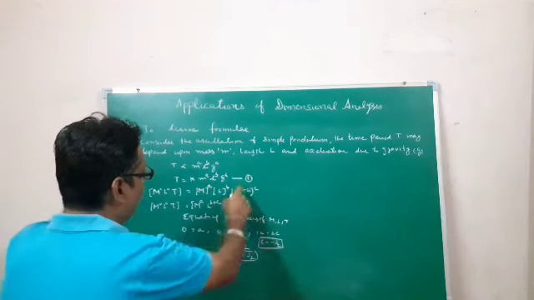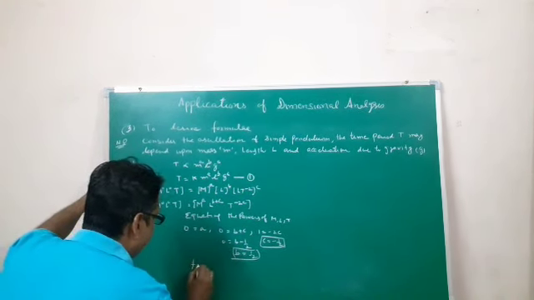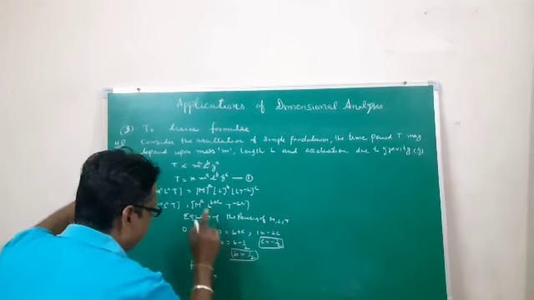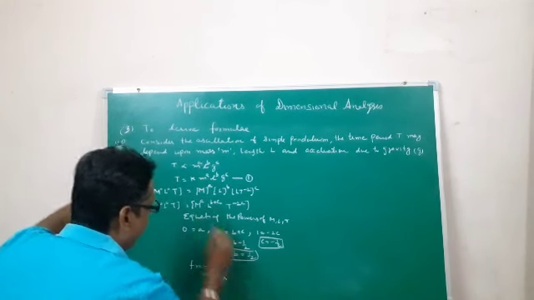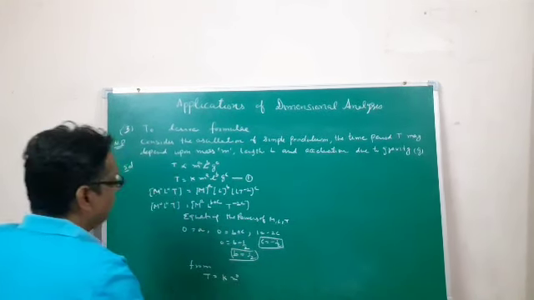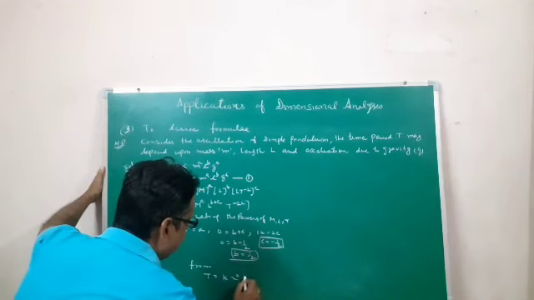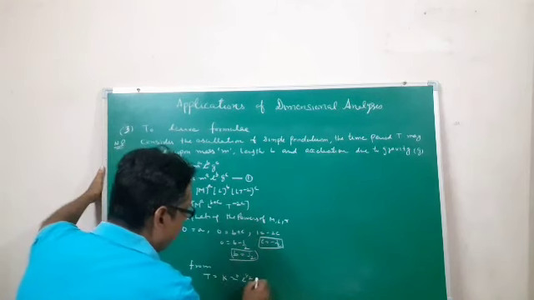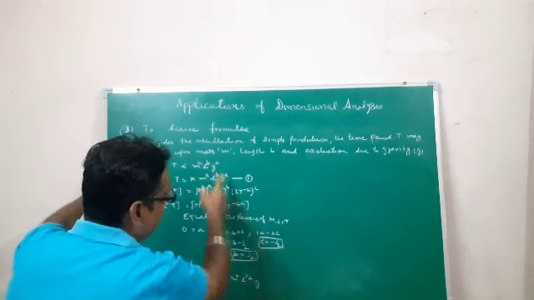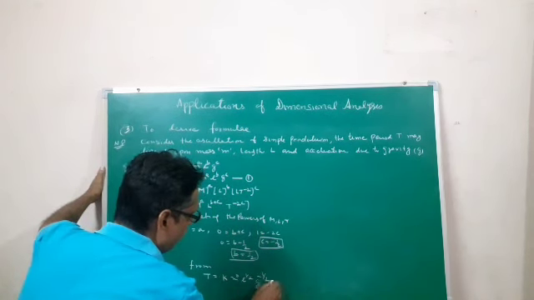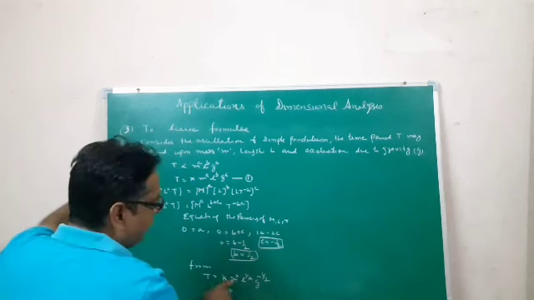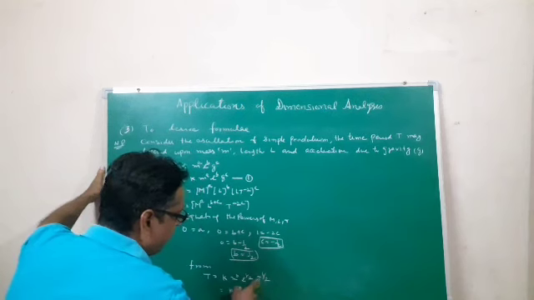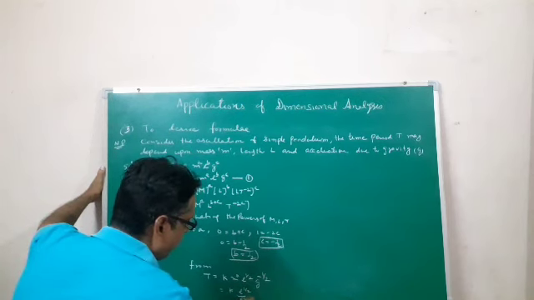Now putting the values in equation 1, time period T is equal to k, constant, right? K, M raised to power 0. Now L is raised to power b, that means L raised to power 1 by 2, right? Then G raised to power c, which is minus 1 by 2. So anything raised to power 0 is 1. So L raised to power 1 by 2 and this G is to be written in the denominator, raised to 1 by 2.